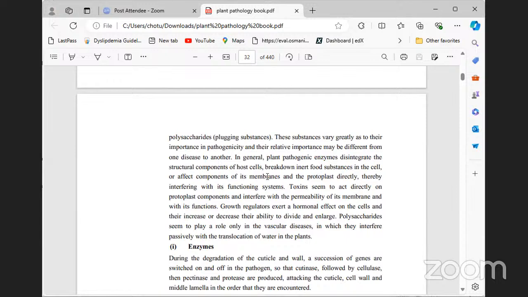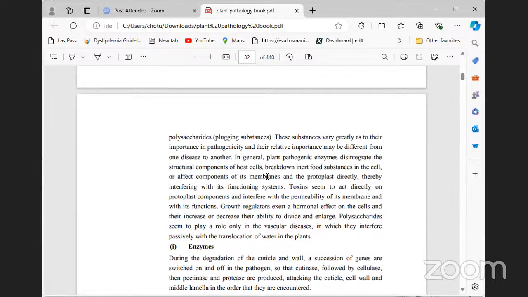Toxins seem to act directly on protoplast components and interfere with the permeability of its membrane and with its function.